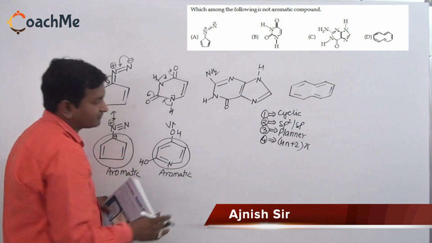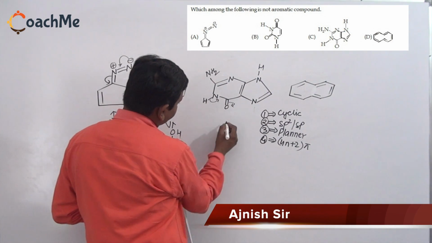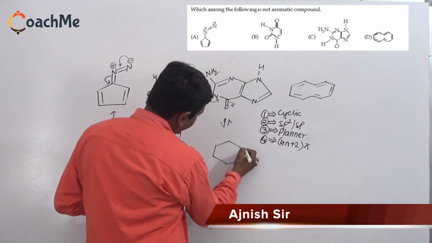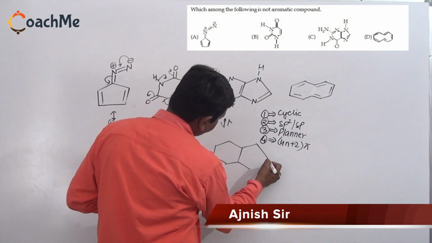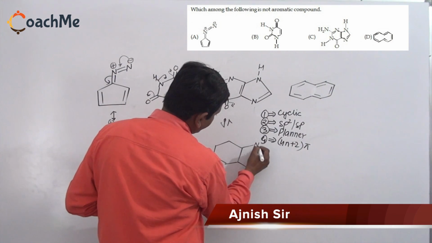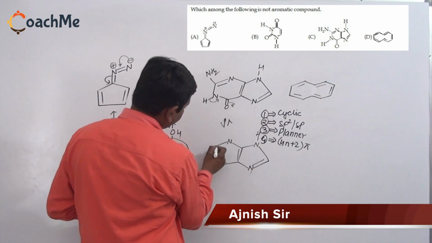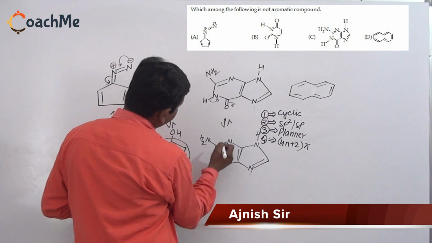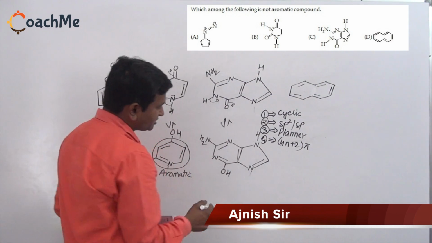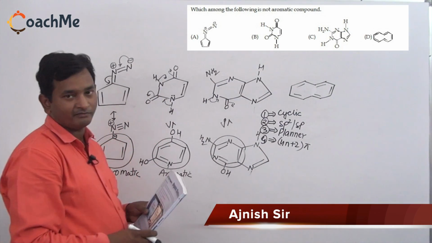If you think about this molecule, after tautomerization, it will come like this. Double bond, NH, double bond, here nitrogen, NH2, nitrogen, double bond, here OH. So this molecule is also aromatic in nature.